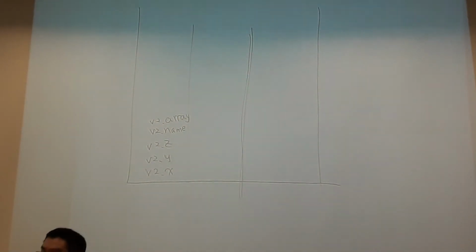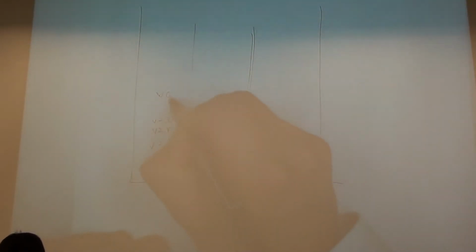Okay, so when you say v2, you have space for v2.x, v2.y, v2.z, v2.name, v2.array. And when you put v2 in this line, v2 equals something, your variable address is going to be this address.